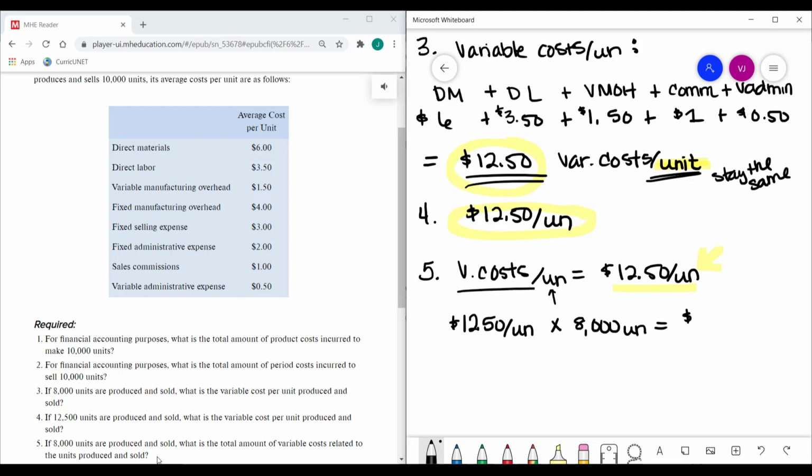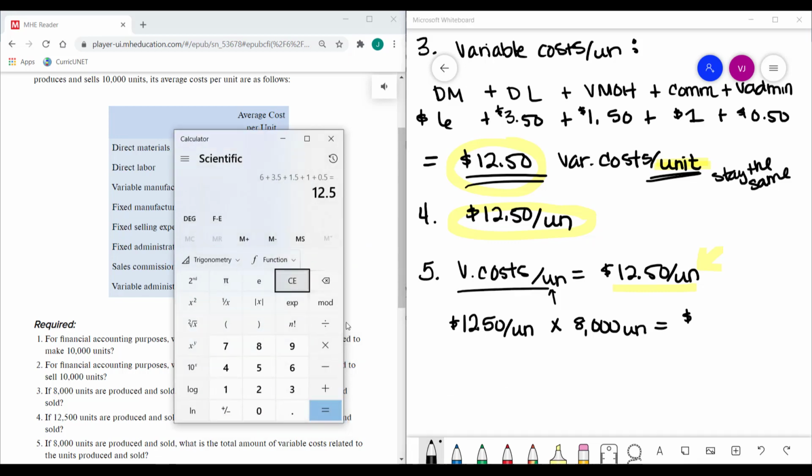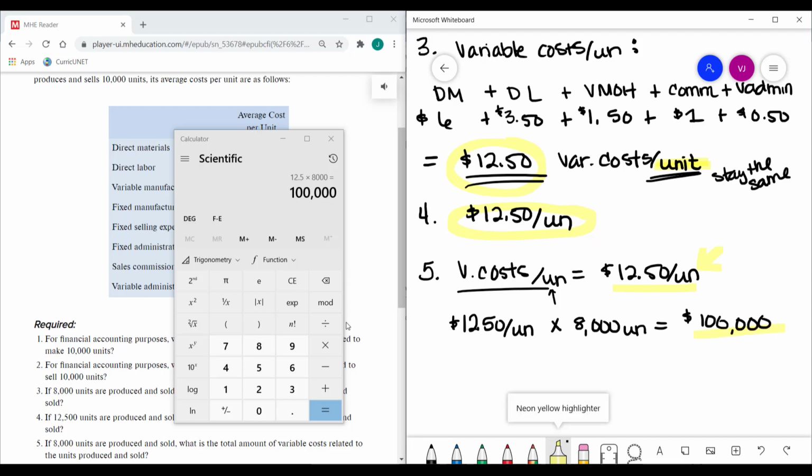What does that total variable cost come out to when you have that level of production? Well, we're going to take that $12.50 and multiply it by 8,000 units, and then we get $100,000. So the total variable costs when we produce and sell 8,000 units is $100,000.